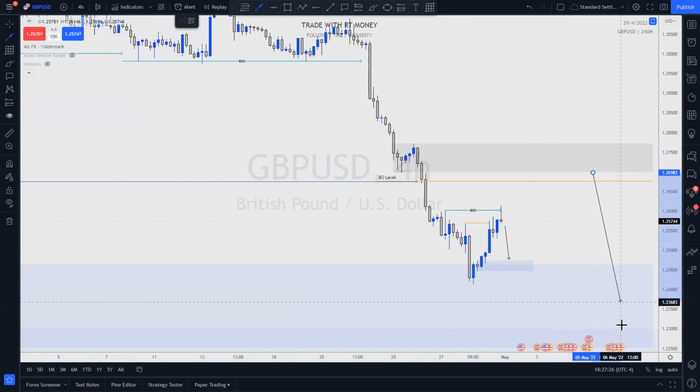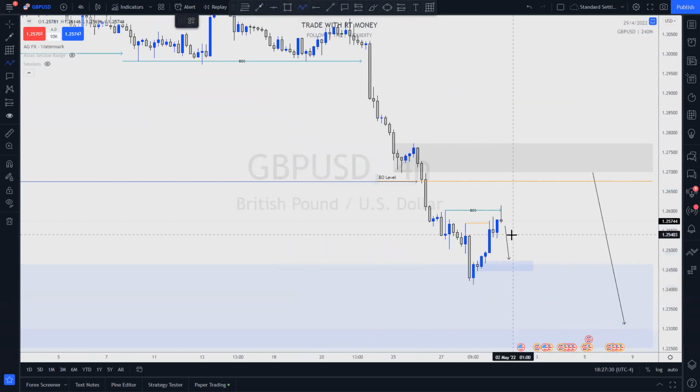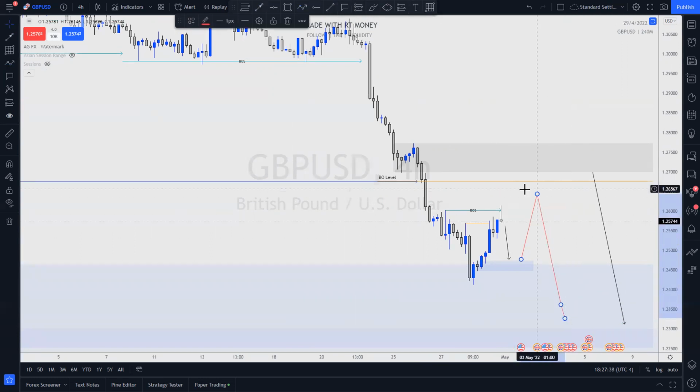That's where I'm looking. I'm looking to do this, or if it does this thing, I'm looking for this, then this. We'll see how it works out.